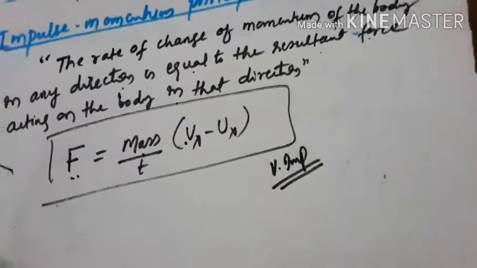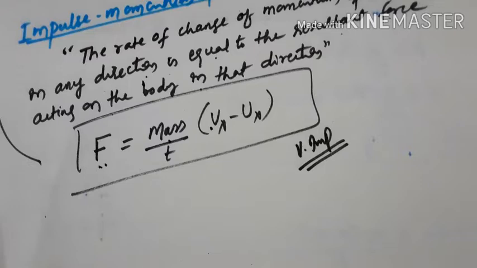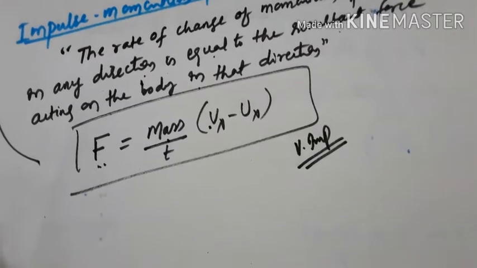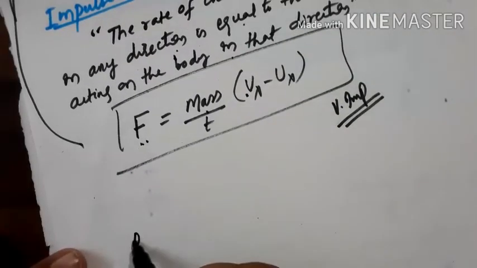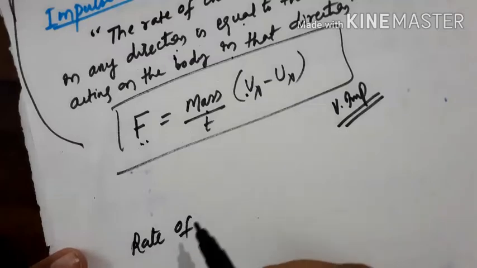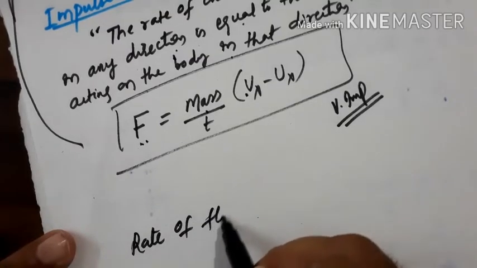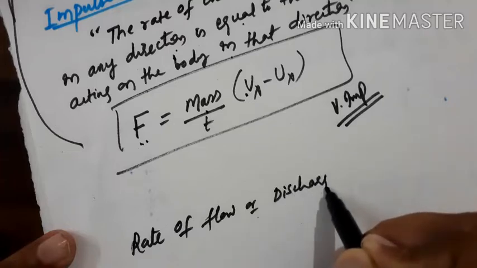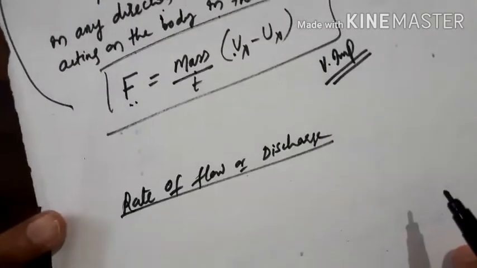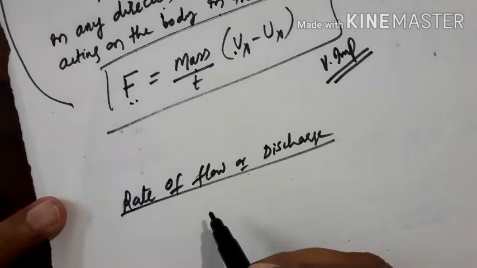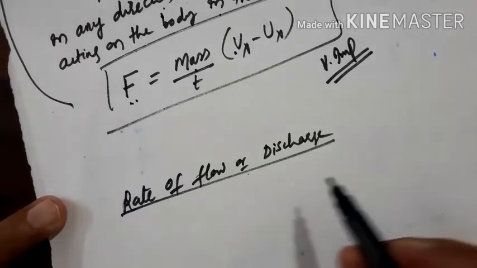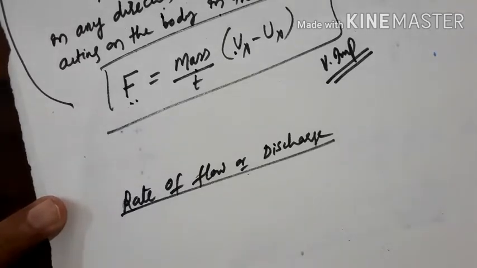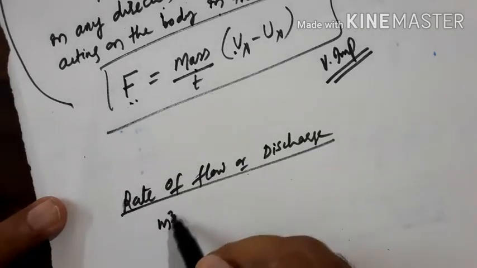Further, some definitions. First, the rate of flow or discharge. The quantity of fluid flowing across a section in unit time is called the rate of flow, and its unit is meter cube per second.